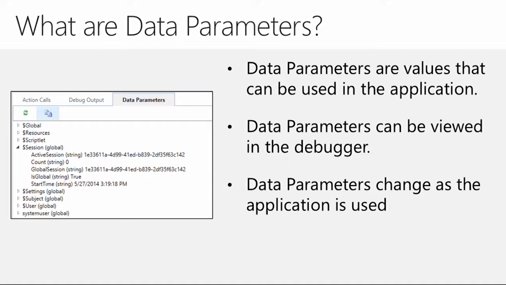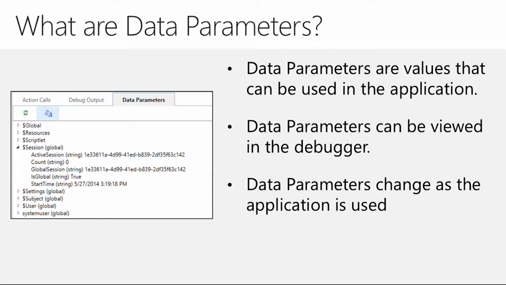But the thing that's different about these data parameters is that they change as I'm actually using the application. As I navigate to a different record inside USD, my data parameters are going to change, and it's going to load in the most current version of those data parameters. And these are what are ultimately getting populated.